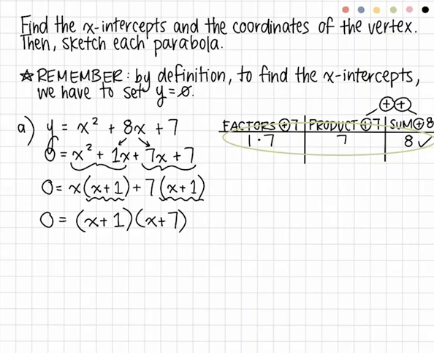Now, because we've set y to 0, and by definition that's how we find the x-intercepts, in order to make it true, left side has to equal right side. So I have to look at how do I make this one true and how do I make this one true? I'm going to use different colors to help with the visual.